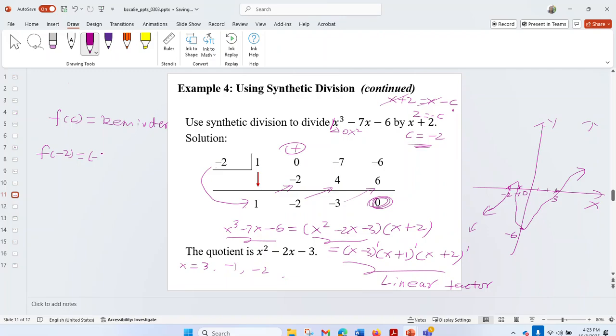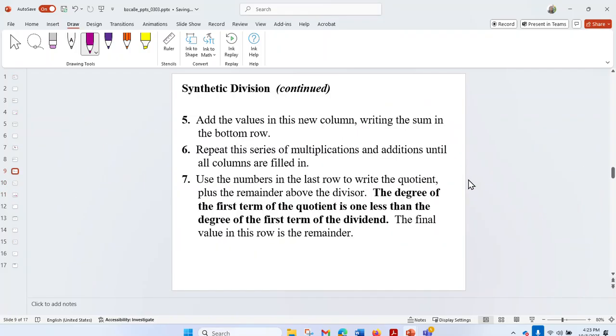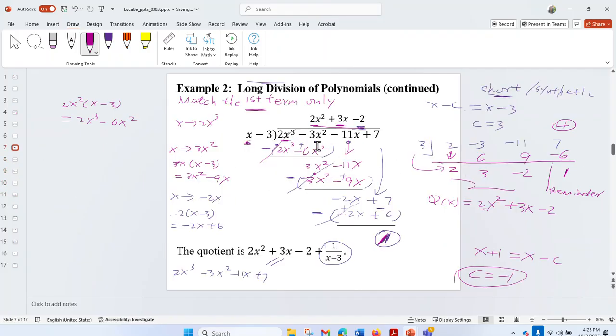Look at that: negative 2 cubed, times 7, minus 6. This will be negative 8 plus 14 minus 6, and this whole thing is equal to 0. All right, so that is the remainder theorem. With the one earlier, our f of 3 should be equal to 1. If you put x equal to 3 in, by the remainder theorem, my c here is 3.